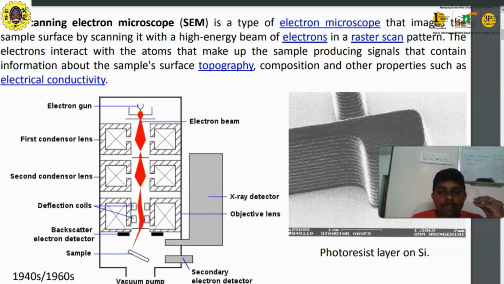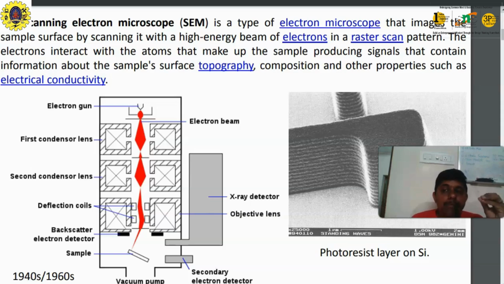Once the convergence has been done, the scattered electrons are deviated again by the deflector coils to improve the intensity of the beam which strikes the object.